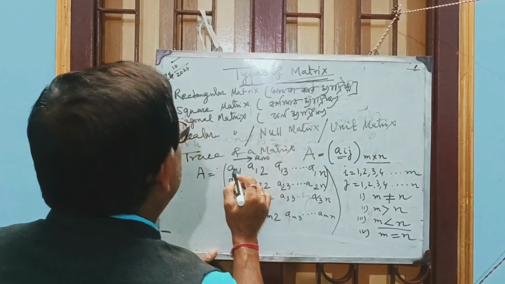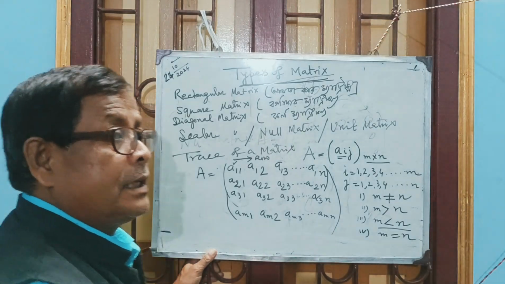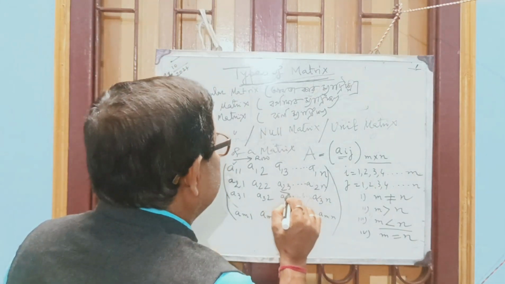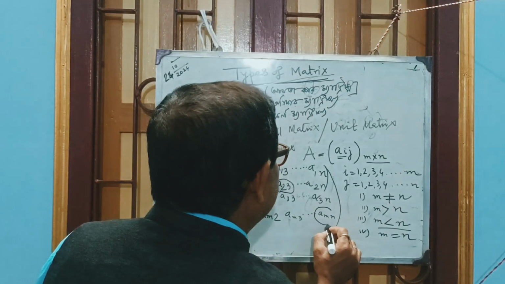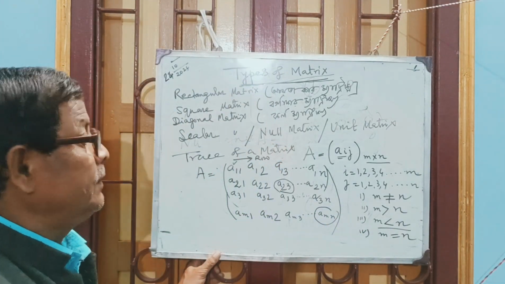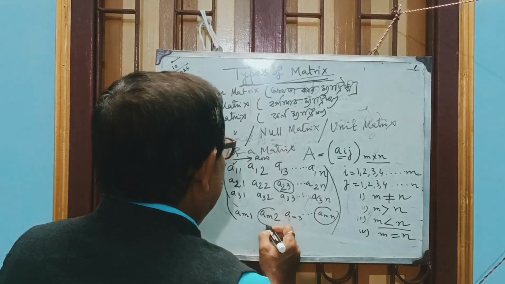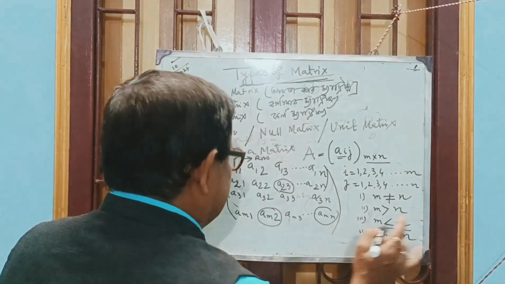These are the elements of the matrix A: a11 is the first row, first column; a23 is the second row, third column; and a_MN is the Mth row, Nth column.